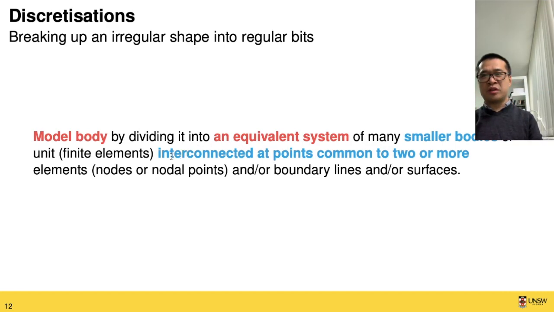So this is what is meant by interconnected at points that are common to two or more bodies. And those interconnected points are what we call the nodal points, right? So for example, if you chop a bar into two pieces, the point where they join in the middle, here on my fingertip, is what we call a nodal point.